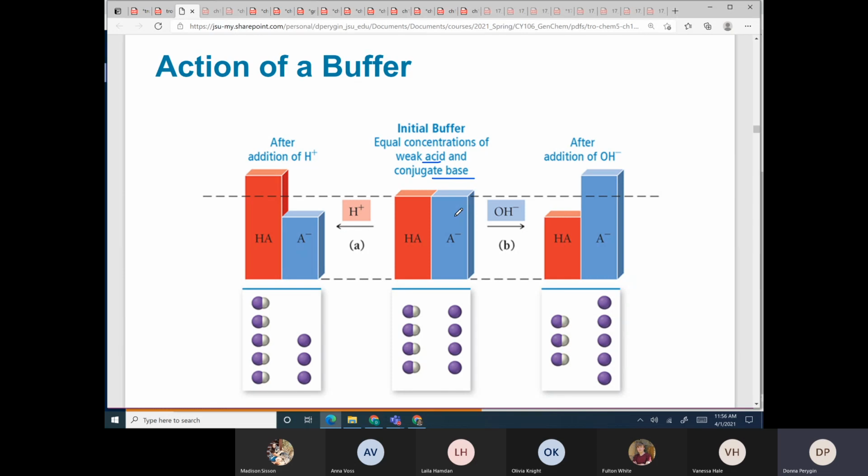Okay, so then when you add H plus, you're going to decrease your anion concentration and increase your HA concentration because it's going to react with the anion to create more HA, okay? And if you add hydroxide, then you're going to be pulling the hydrogen off of the HA and decreasing that amount, giving you more A minus, okay?